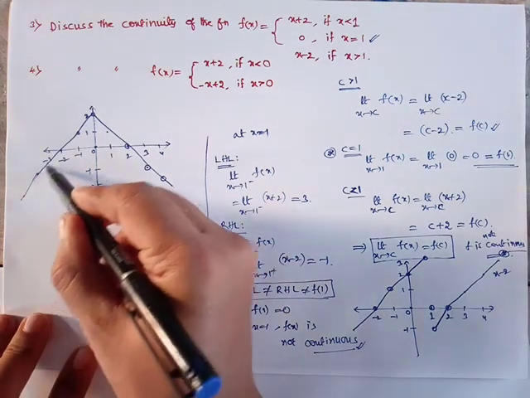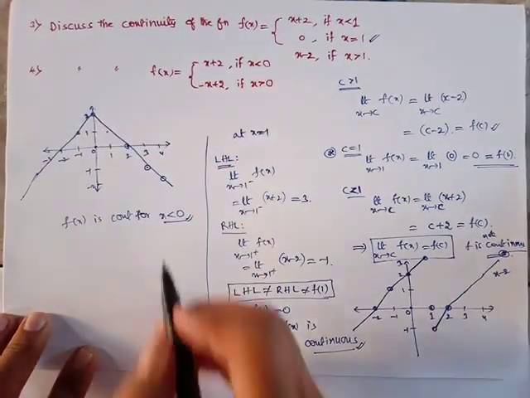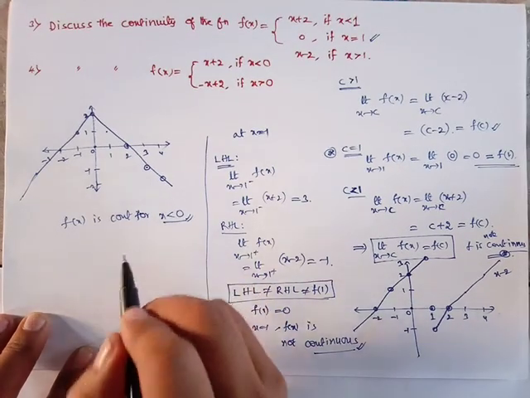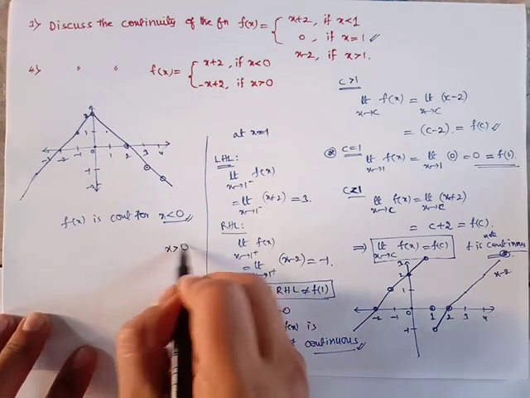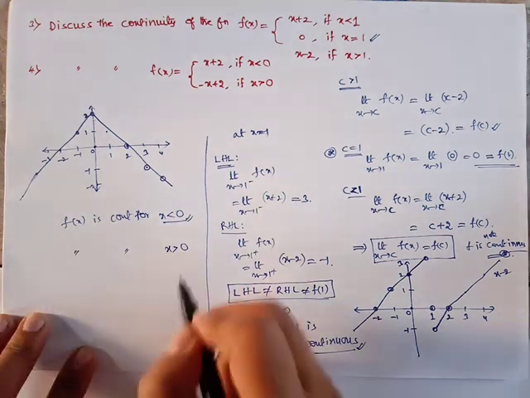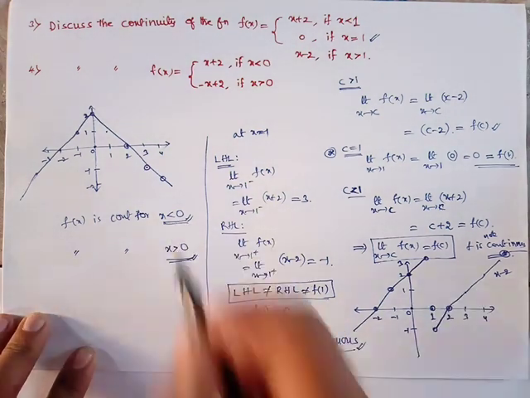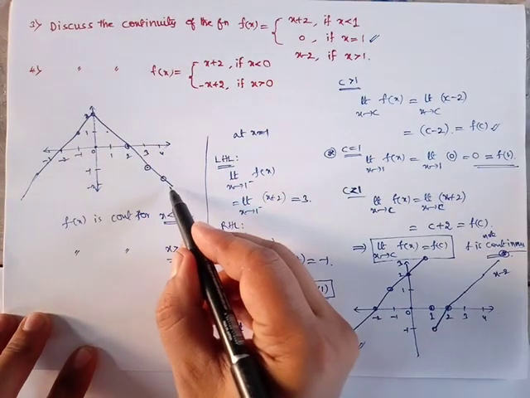So x less than 0 it is continuous. At x equals 0 the function is not defined, not required to be considered. And in the same way f of x is continuous for x greater than 0 also.